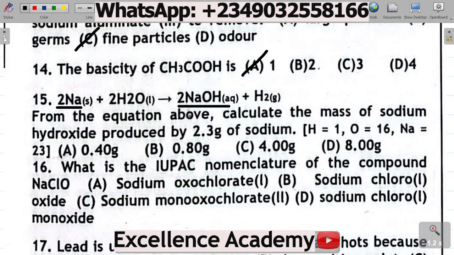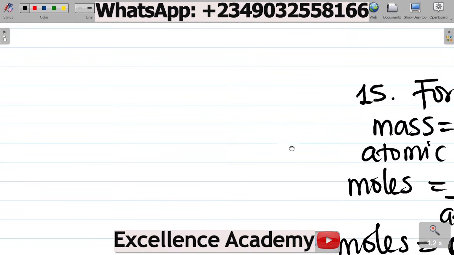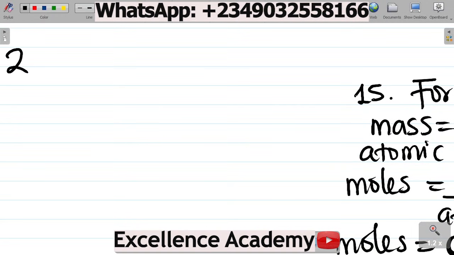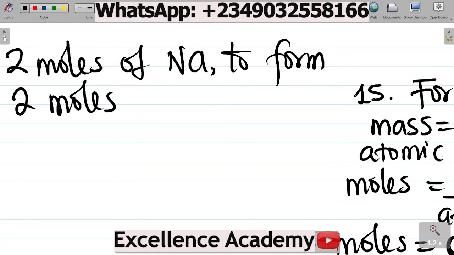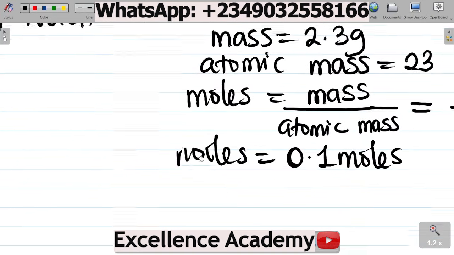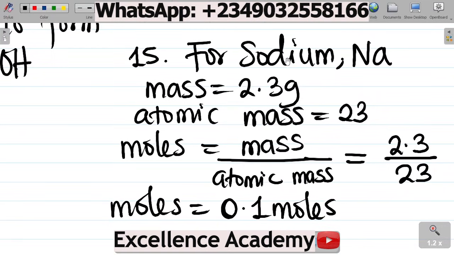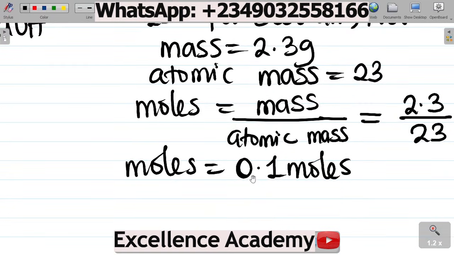That's from the balanced equation of the reaction. So if we have 2.3 gram of sodium, the number of moles there is 0.1 mole.